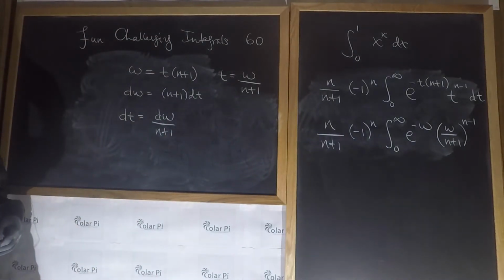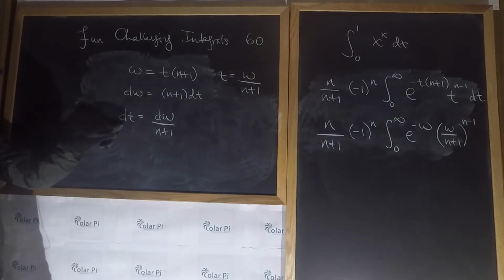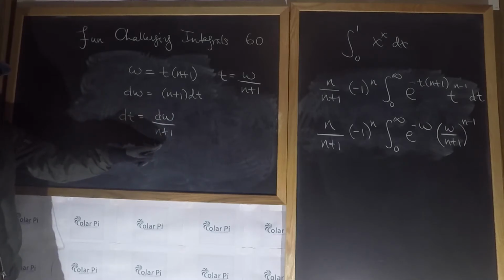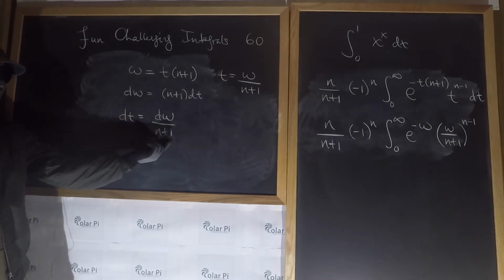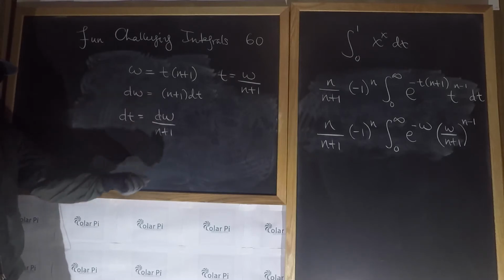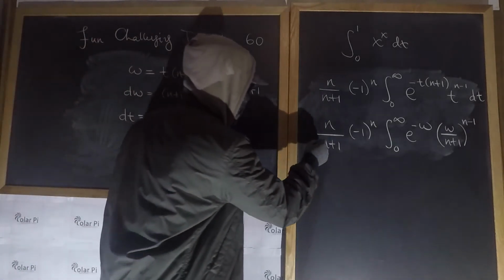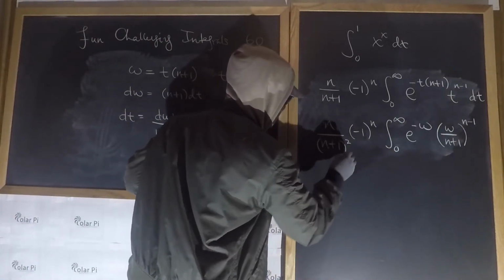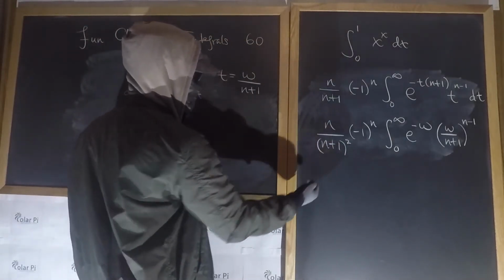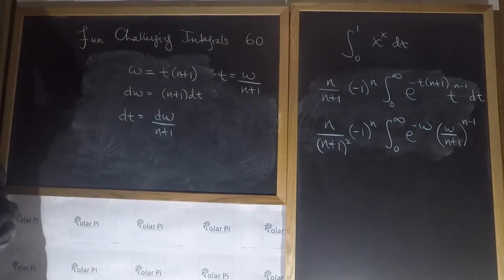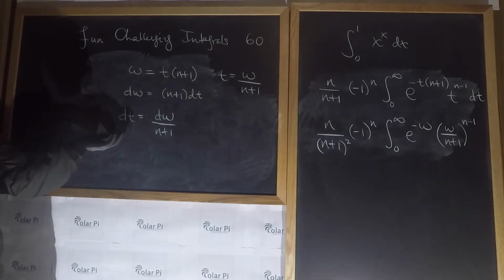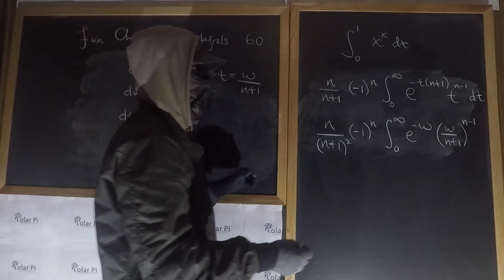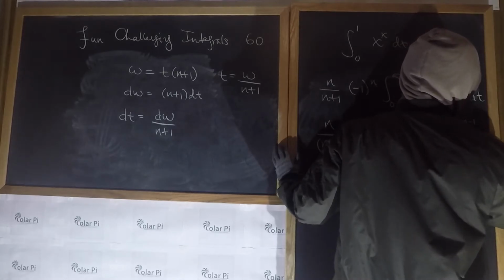And then dt is equal to dw divided by n plus 1. So the n plus 1 here from dt being dw over n plus 1, we can integrate here and write the n plus 1 that was there as n plus 1 squared, and the rest of dt is just dw. So dw.